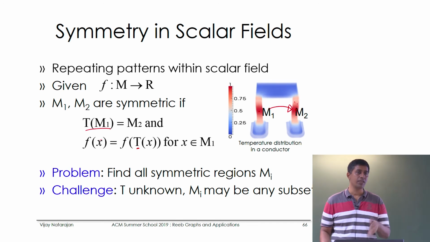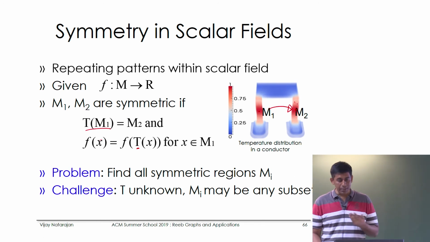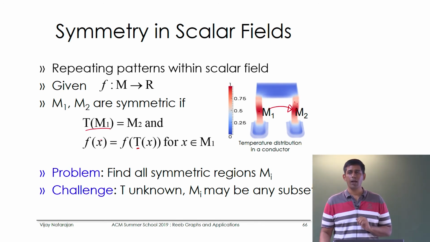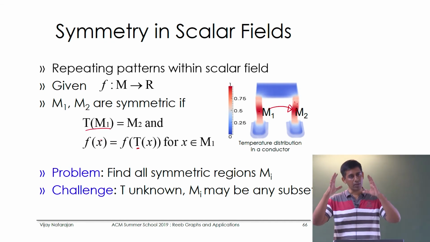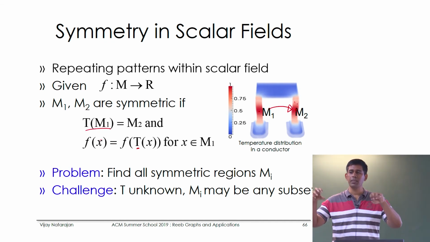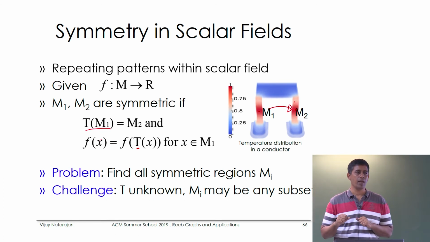I want to find such repeating units, and this can be done using the contour tree, by finding isomorphic or similar subtrees. You take the contour tree and find subtrees that are equivalent to each other. In graphs, we know there are nice algorithms to find similar trees, and we use that property to find this symmetry.